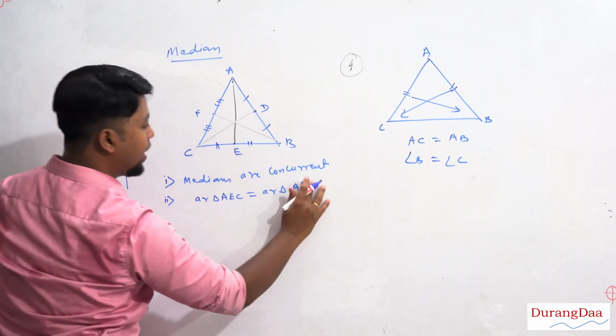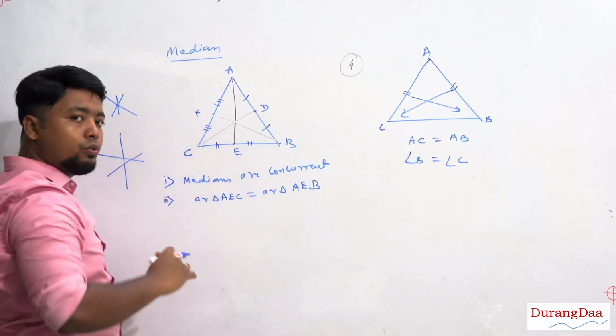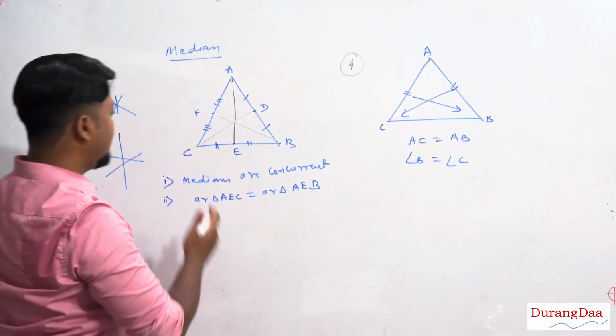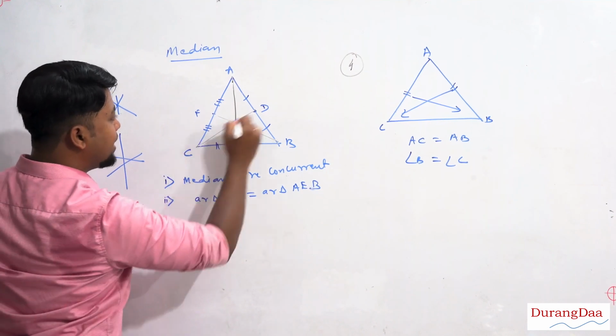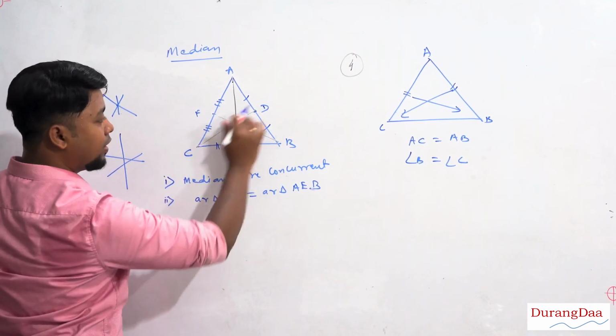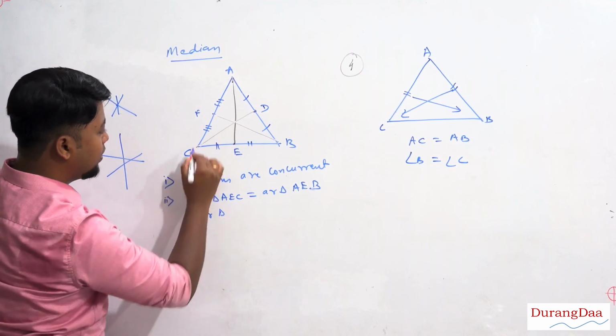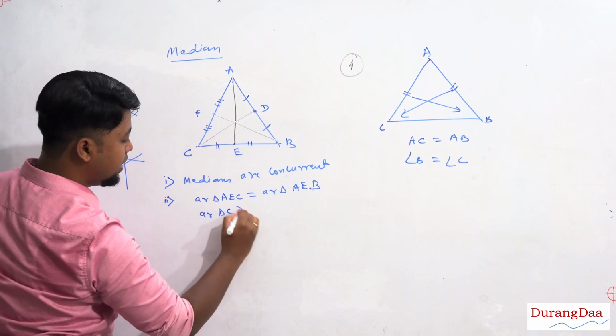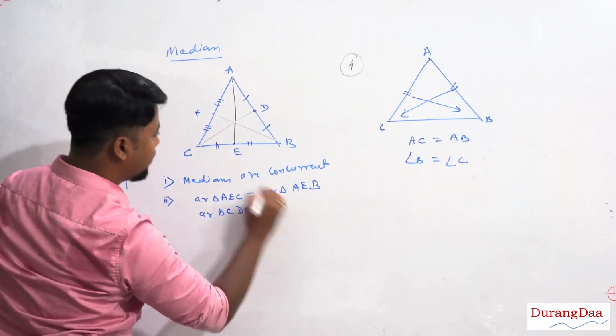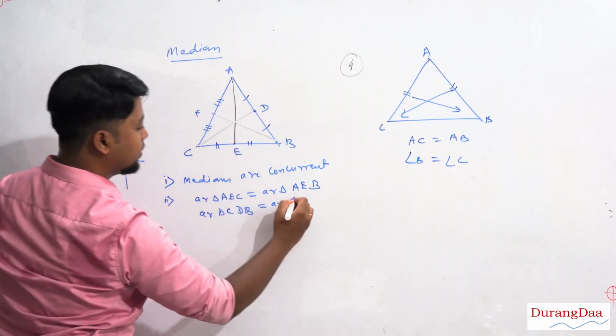So, the median is dividing a triangle into two triangles of equal areas. Similarly, if you talk about median CD, CD also is dividing the triangle into two equal areas. So, we can write here area of triangle CDB would be equal to area of triangle CAD.